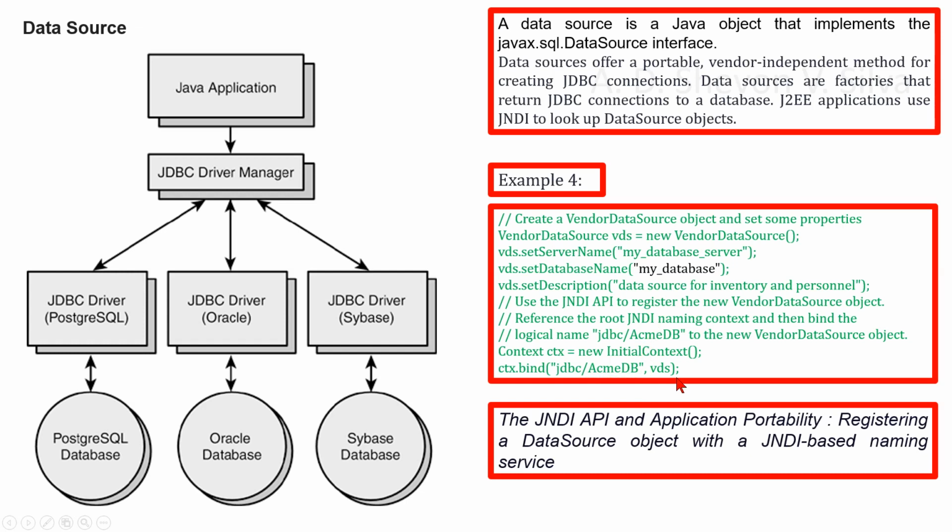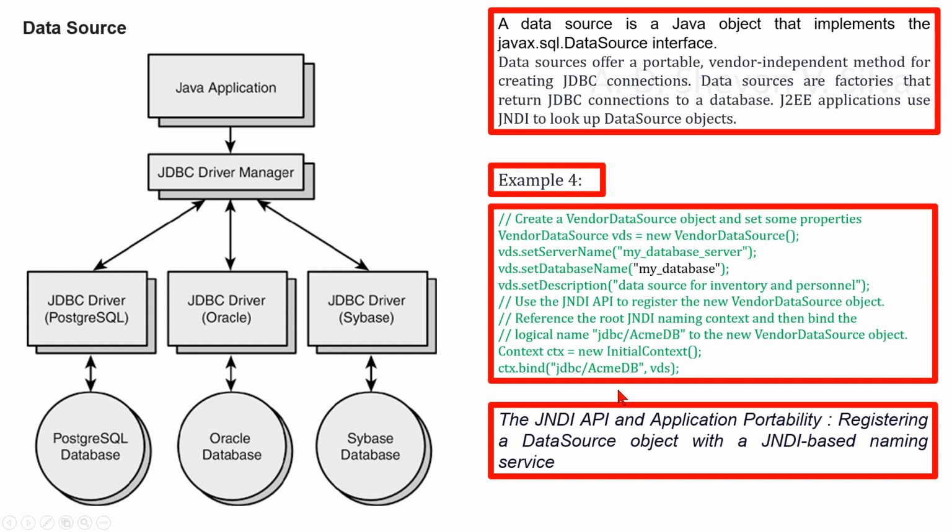The Java Naming and Directory Interface, JNDI API, provides a uniform way for applications to access remote services over the network. Here we describe how it is used to register and access a JDBC data source object. See the JNDI specification for a complete description of this interface.